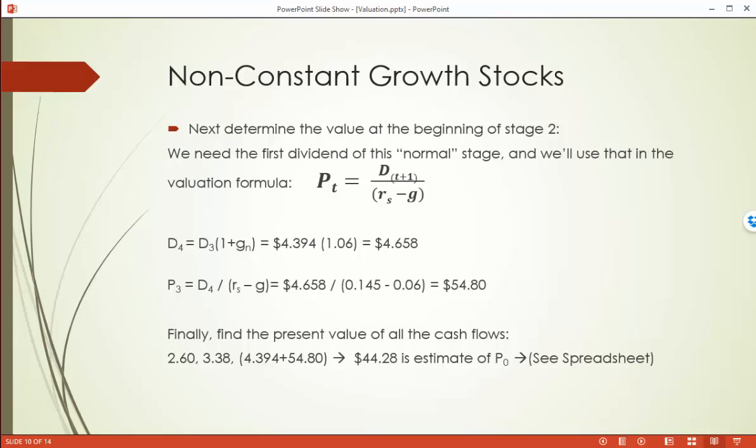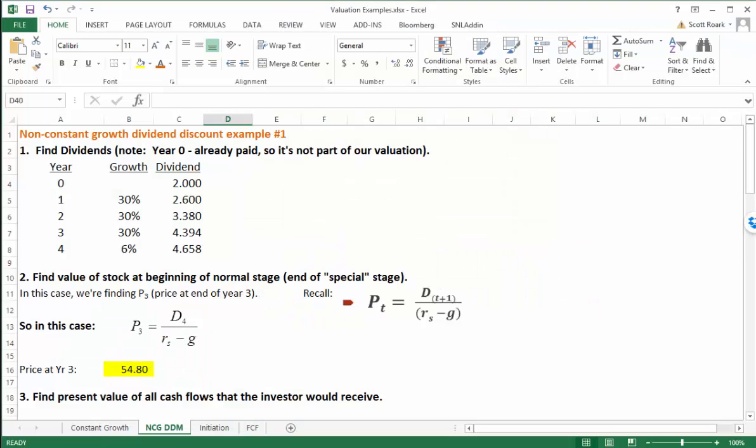Let's go to the spreadsheet again to look at this a little more closely within the context of a spreadsheet. So we've got the non-constant growth here. This is the first example. We've got the dividend just paid, D0, of $2. We're growing it by 30% for the next 3 years. We've already gone through these calculations, and you can see where they're all coming from.